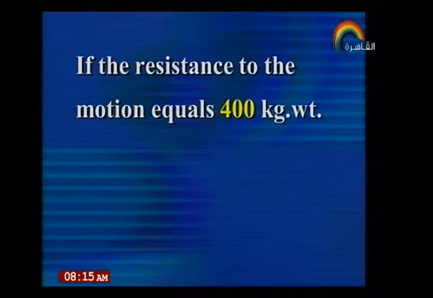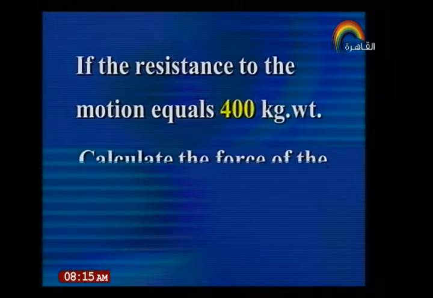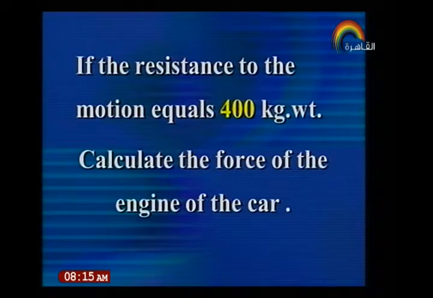The resistance to the motion equals 400 kilogram weight. Calculate the force of the engine of the car. Dear student, what is required? The force of the engine of the car.